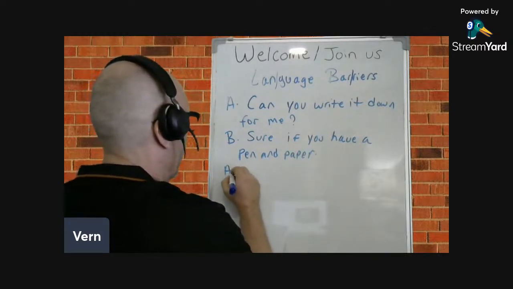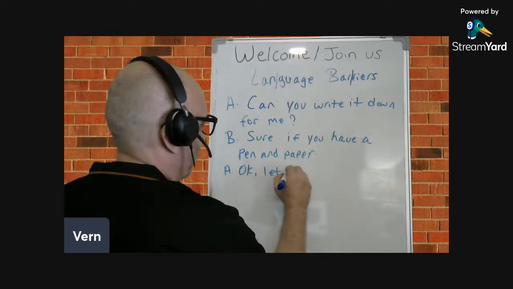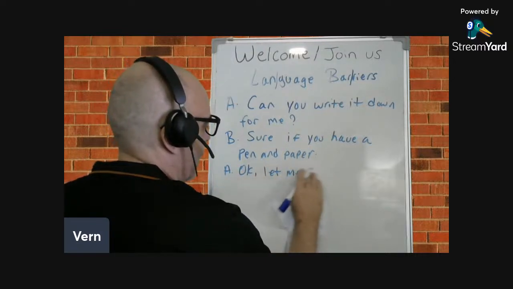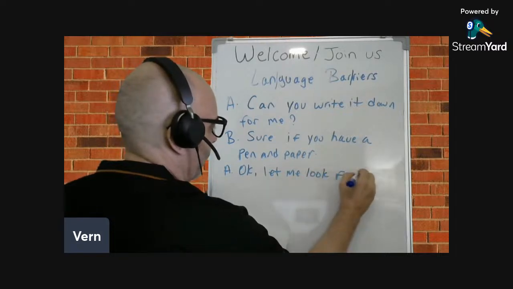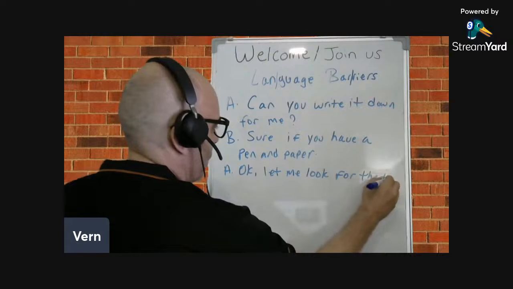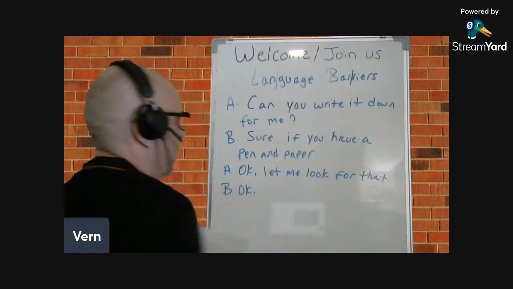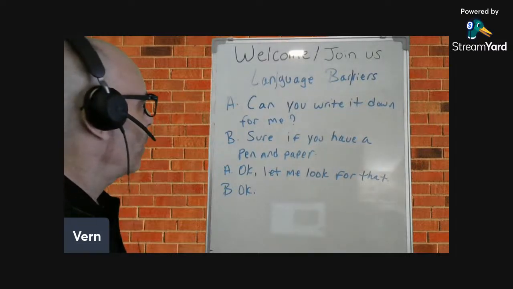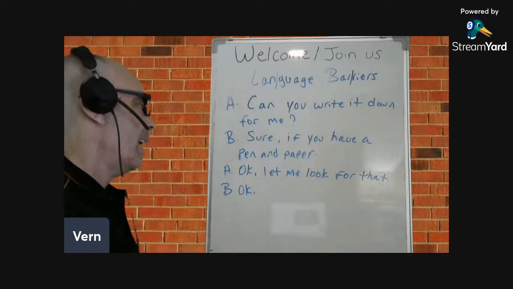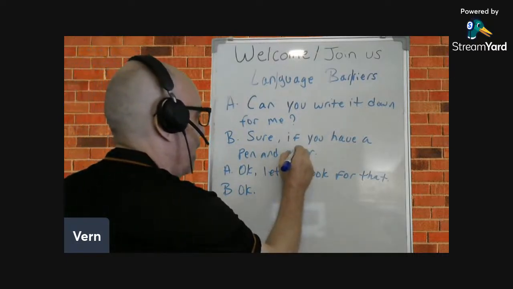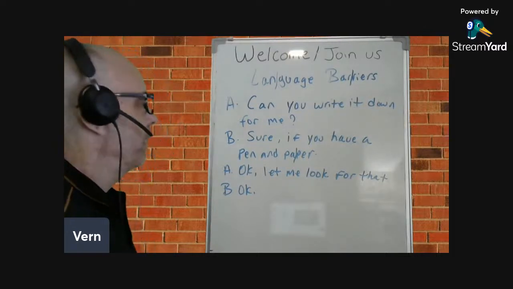And A could say, okay, let me look for that. Let me look for that. Okay. Can you write it down for me? Sure. If you have a pen and paper. Let's separate our syllables. Okay. Let me look for that. Okay. Very simple.